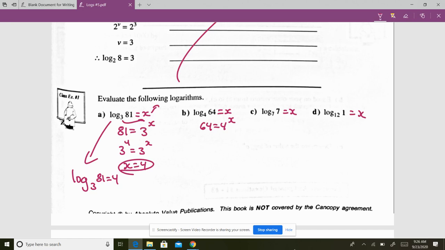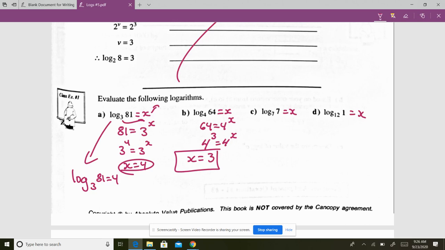So 64 in base 4 is 4 to what power? 3. So what's the value of this? 3. Does that make sense? Is that okay? Can you tell me what the next one is?